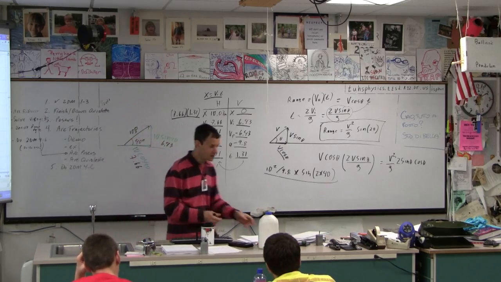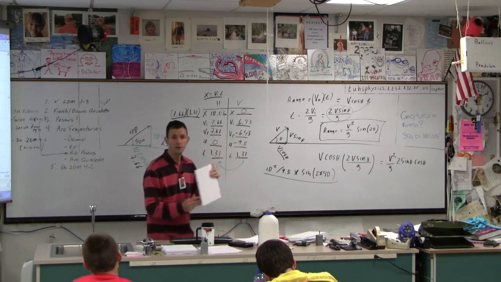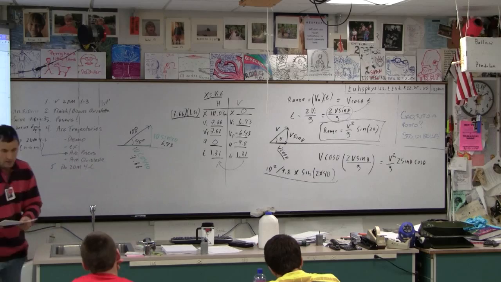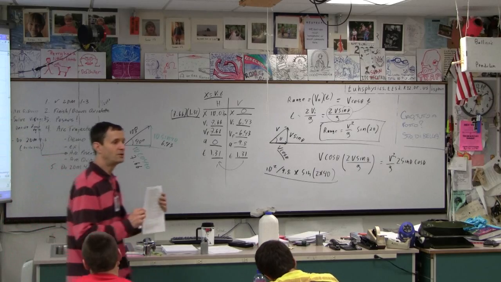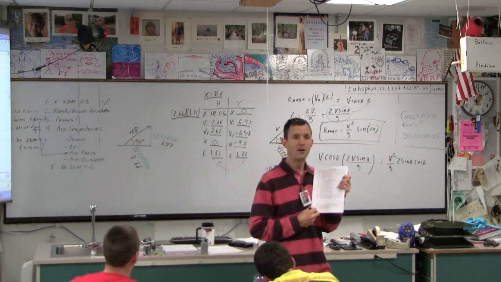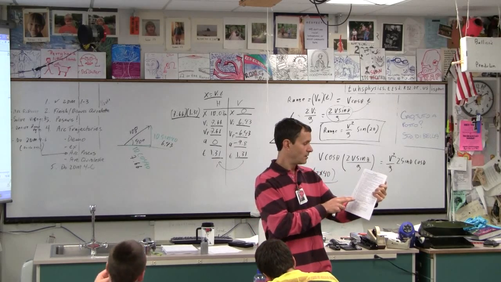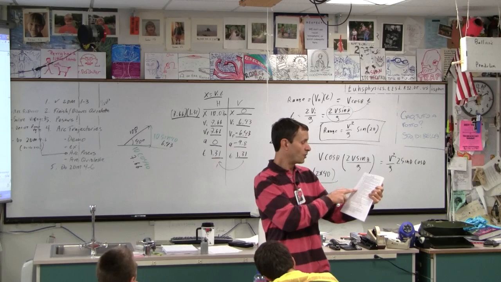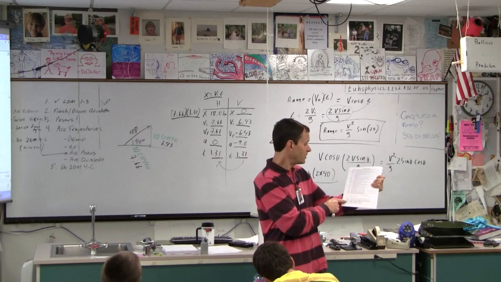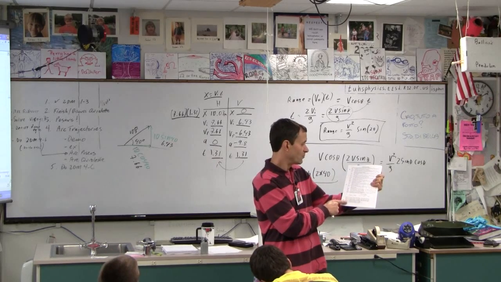So, not only, on your two-dimensional motion sheet, boys and girls, do you know how to do 4 through 6, you also know how to do all of these range ones, right?